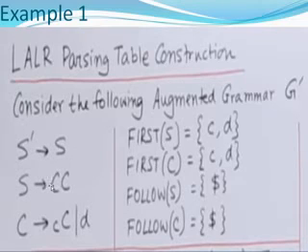What is the first element of S? C. What is the next element of S? I have d. Like that, I am going to write first of S and first of C, and next the follow of S and follow of C. In the follow, whatever you write, the first element should start with dollar. That is the rule we have to follow.